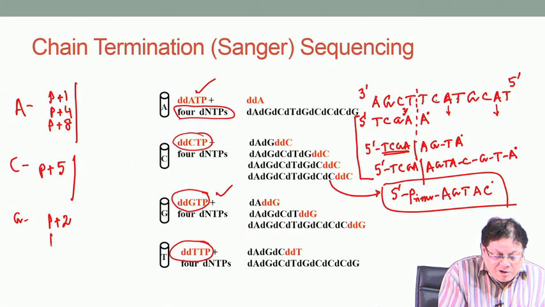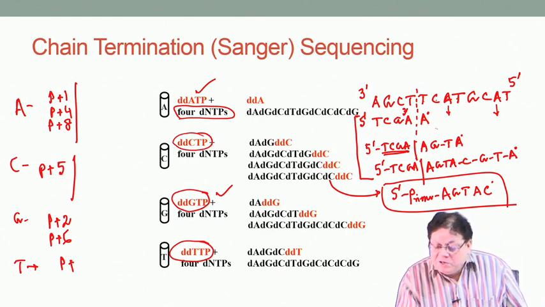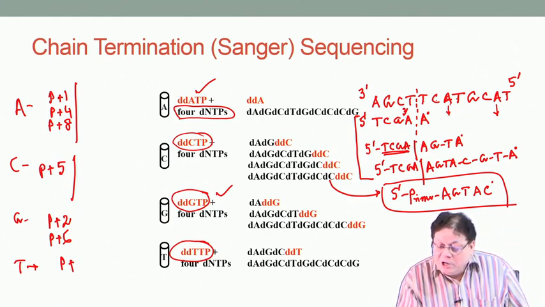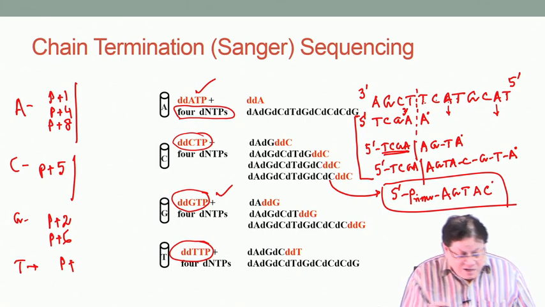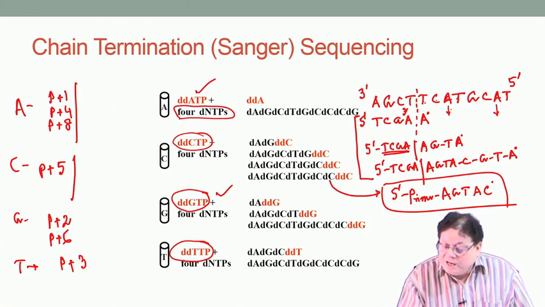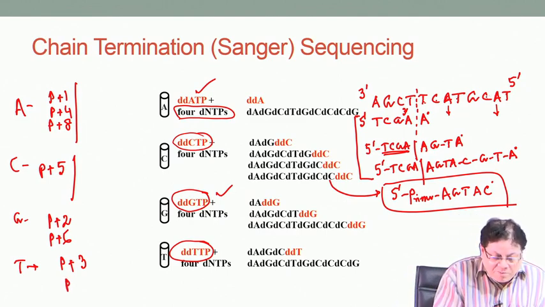So, you will get primer plus 6. For the T specific reaction, you will get primer plus wherever there is a requirement of T. There is a requirement of T here, that is primer plus 3, and you will get another, that is 1, 2, 3, 4, 5, 6, 7. So, you will get primer plus 7.